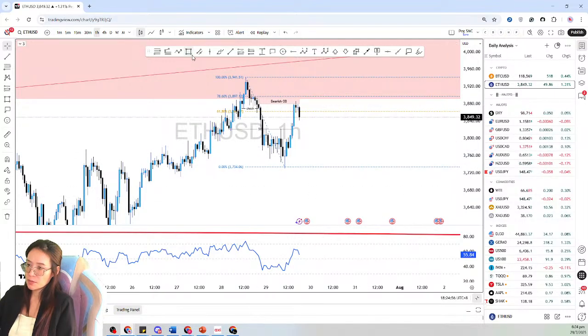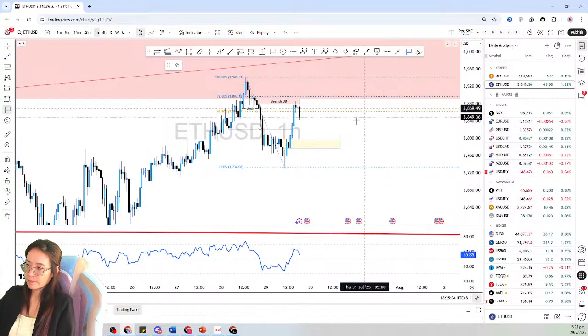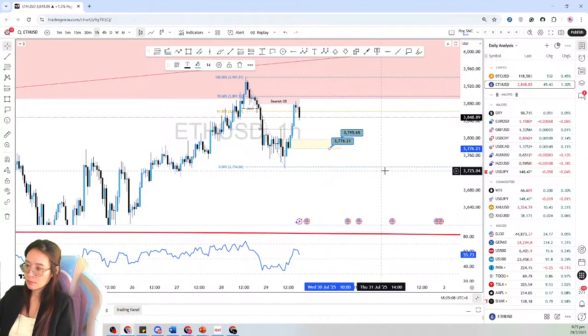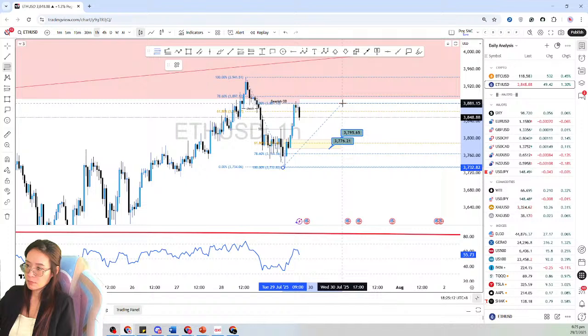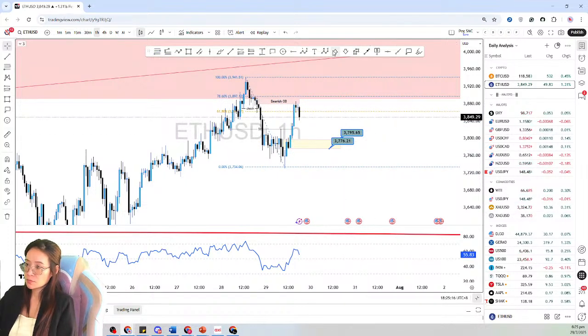You may buy at this level and this zone. I give you the price. Yeah, you may consider to buy here.